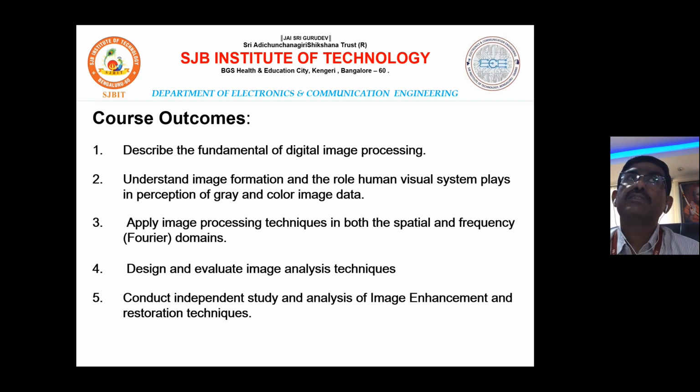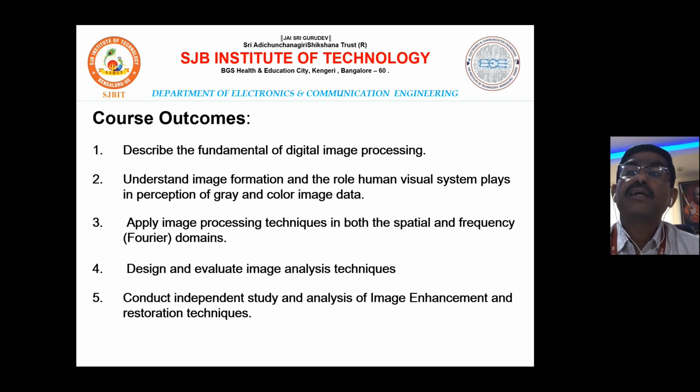This course outcome is defined by the university also. As per the course outcome, we cover the syllabus and conclude it. So the first one is describe the fundamentals of digital image processing. In the first module, what we covered fulfills this course outcome.